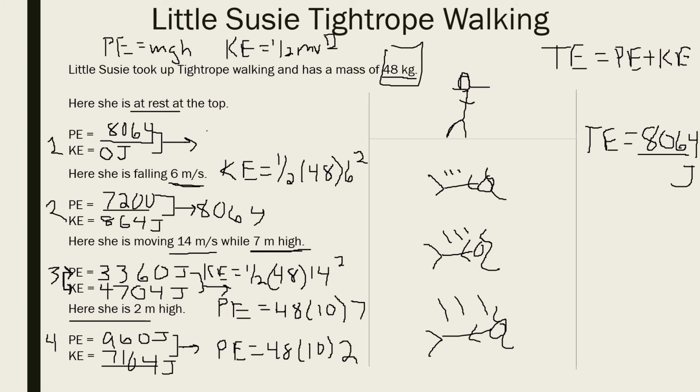It's consistent. As one goes down, the other goes up, and they always add to equal the same number. And we got this number from the one spot where we're able to get both the PE and the KE. This is the type of problem that I expect us to be able to do at this point. I know there is a lot of math here, but there is nothing you can't do.